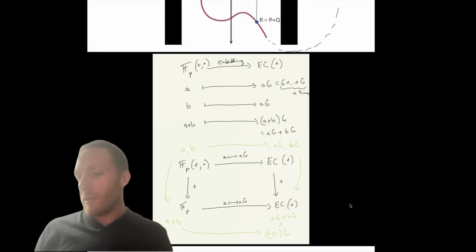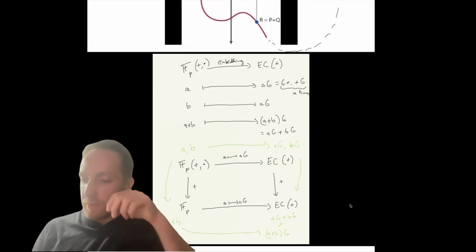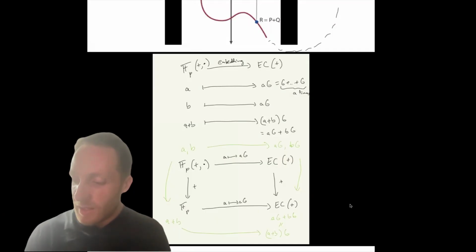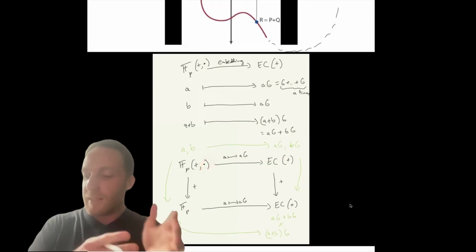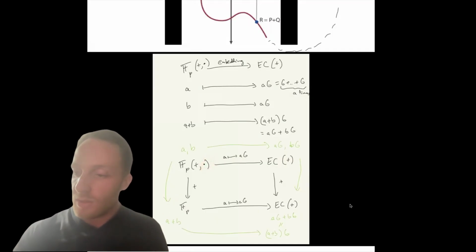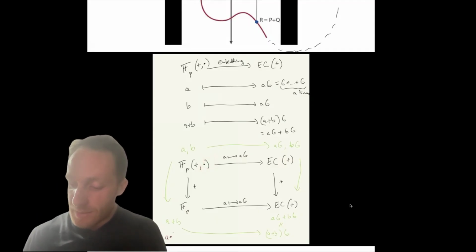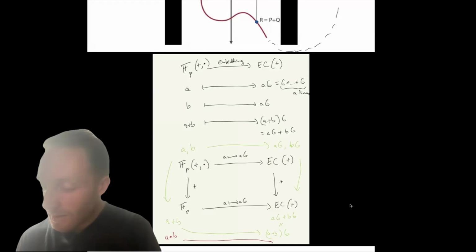So we're keeping the structure, which is important for certain things that we'll see, but the thing that happens with this structure is that we do not keep the multiplicative structure. In other words, here I can also take A and B, I can take A times B and push it to (A times B)G.